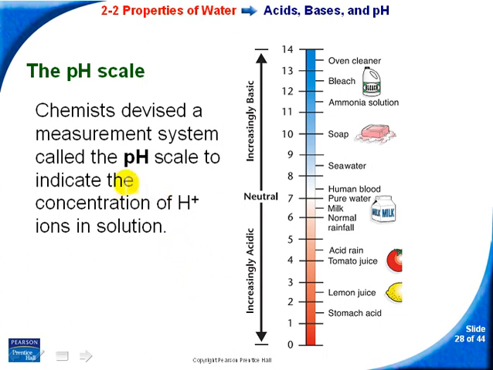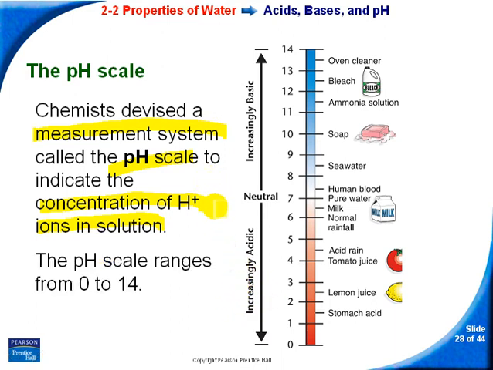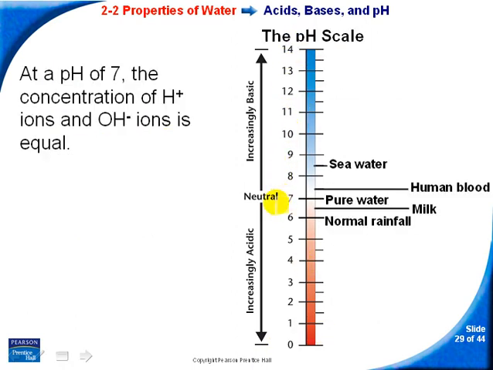So scientists use a measurement system called the pH scale to indicate how many hydrogen ions are in a solution. And the scale ranges from 0 down here up to 14 here. At 7, right here, the hydrogen ions and the hydroxide ions are equal, and that's what pure water is.